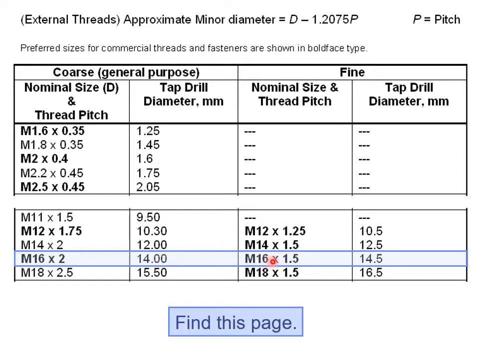Now for fine thread, so now we're looking at fine thread versus coarse thread. Coarse was M16 by 2. Fine thread is M16 by 1.5. The pitch is 1.5, telling us the threads are 1.5 millimeters apart. And for this type of thread, we would use a tap drill of 14.5 millimeters.